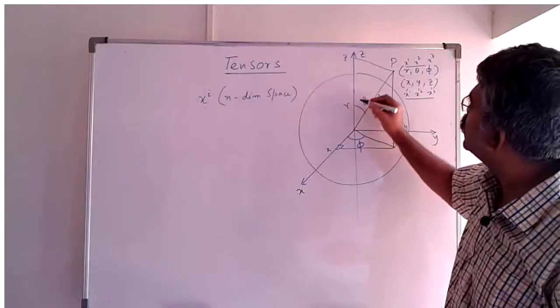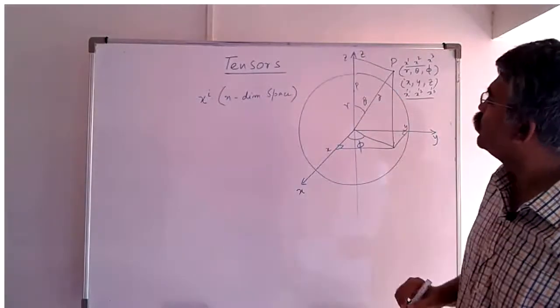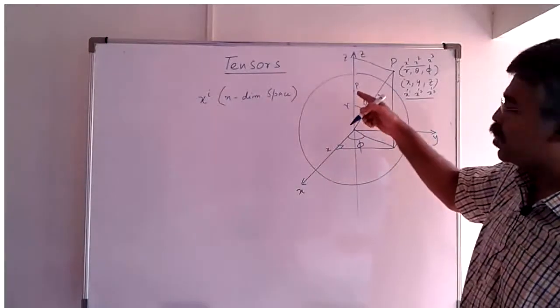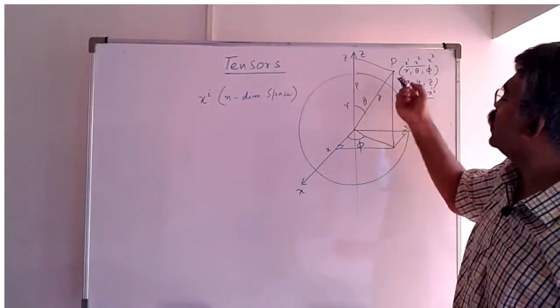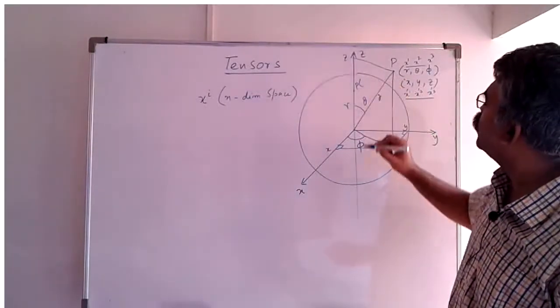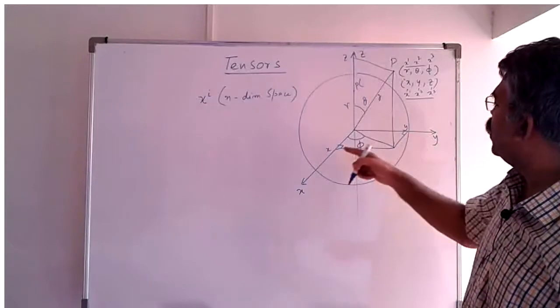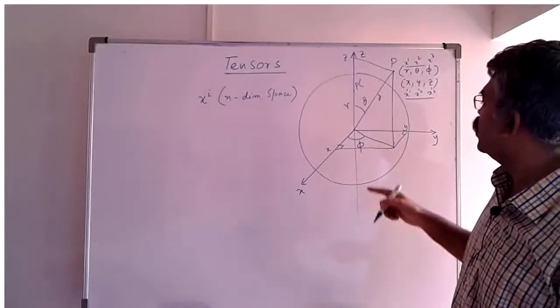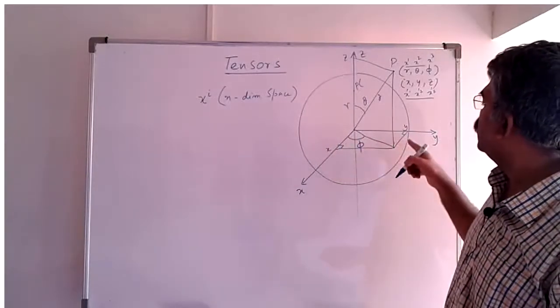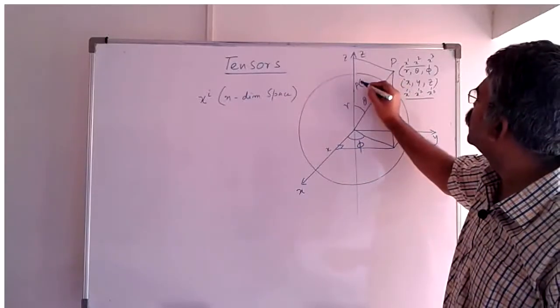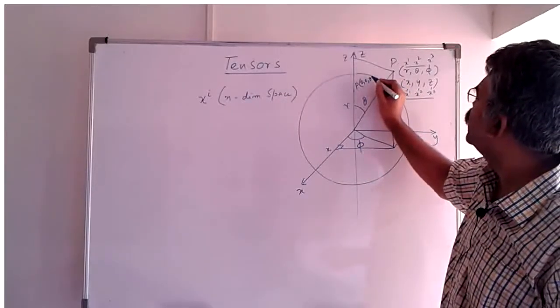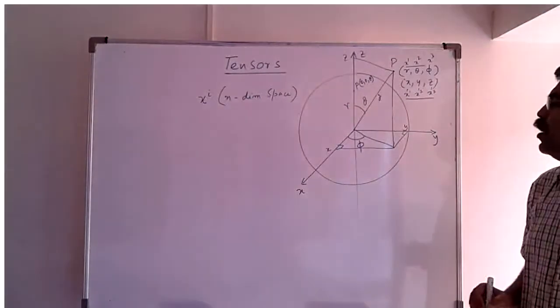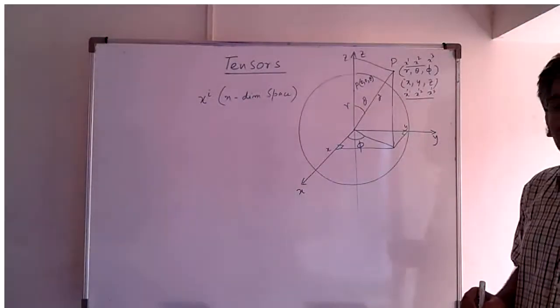Value of r is this. Suppose the point P comes here. Let's see first what will be the value of the Cartesian coordinates. x will be 0, y will be 0, so 0, 0 and z. Fine, and this label is unique.